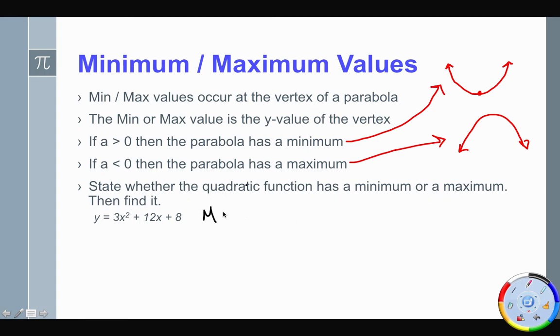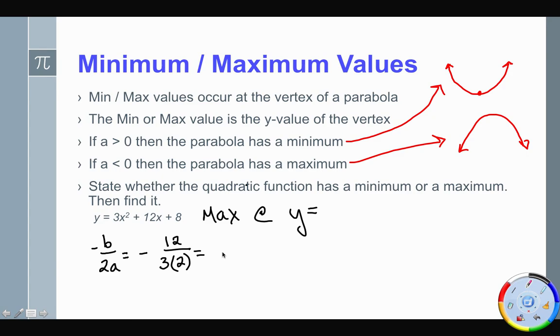So I know that it has a max at y equals, I don't know yet. Since it happens at the vertex, we have to do the opposite of b divided by 2a. In this case, we're going to get the opposite of 12 all over 3 times, oh, sorry, that's your a, times 2.